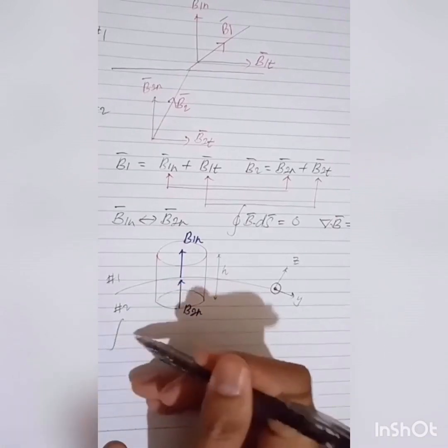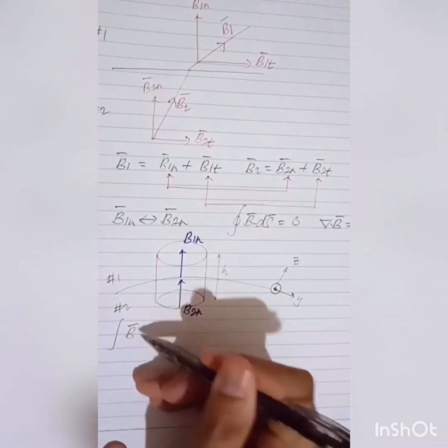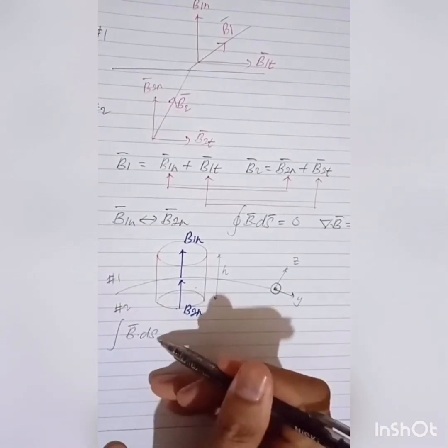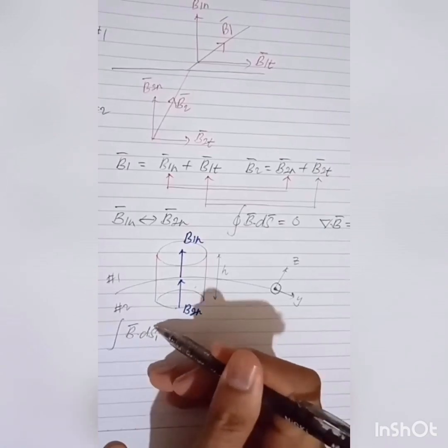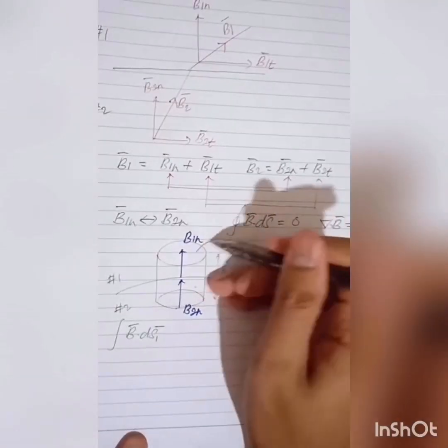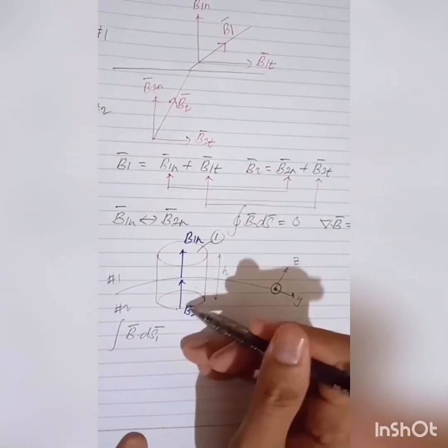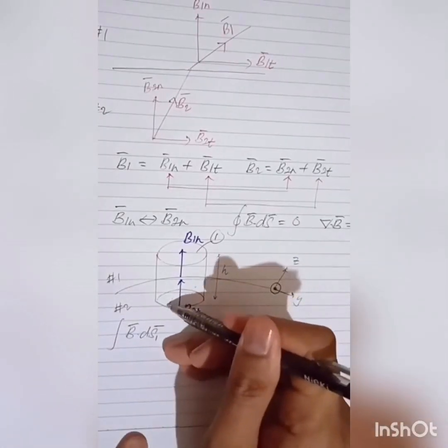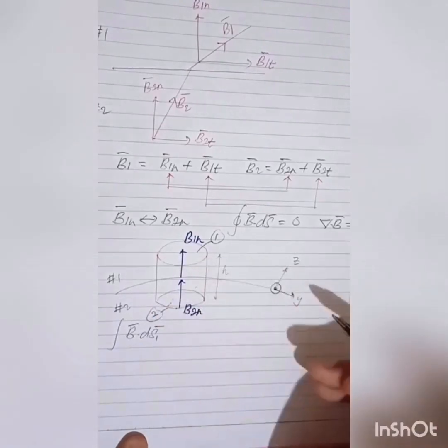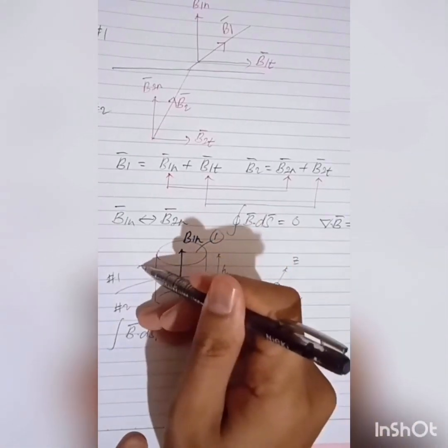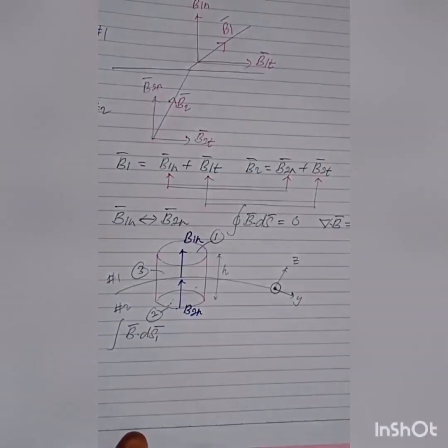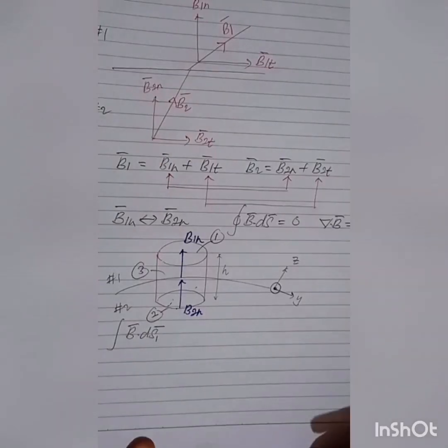So the first one here, we're going to have the B dot ds number 1. As I define, the first here is our first surface, the top, and the bottom here is our second surface, and then the side surface becomes our third surface. That's my assumption.